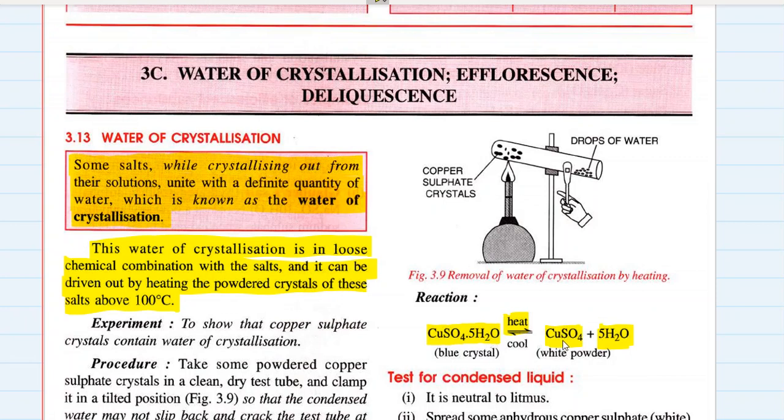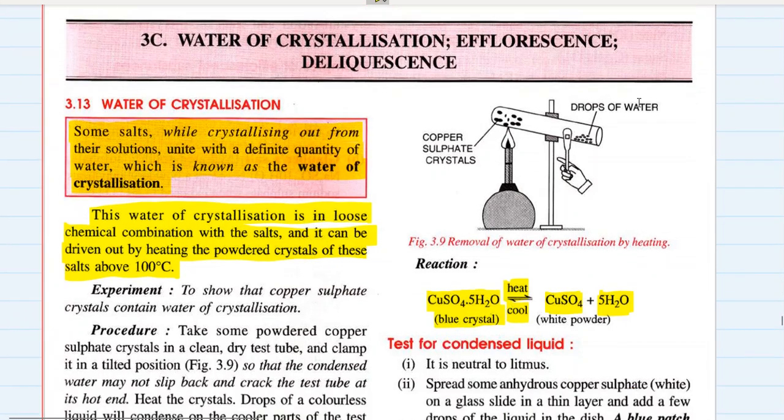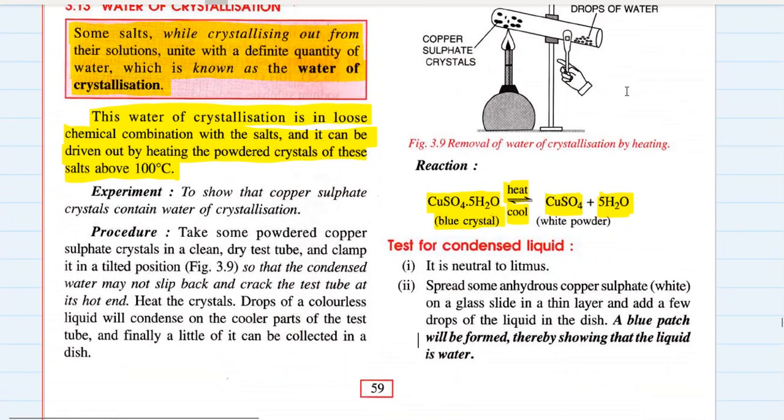If you combine white amorphous anhydrous copper sulfate with some water, it will again recombine to form hydrated blue crystals of copper sulfate.